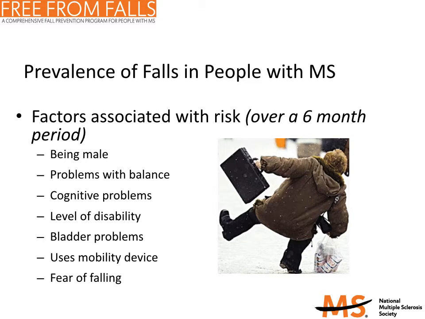Some of these factors include being male, having problems with balance, having problems with thinking, increased level of disability, having problems with bladder function, including increased frequency or urgency, the use of a mobility device, including canes and walkers, and having an underlying fear of falling.